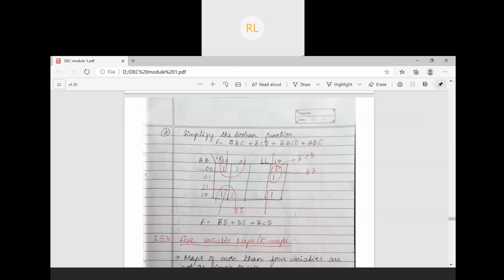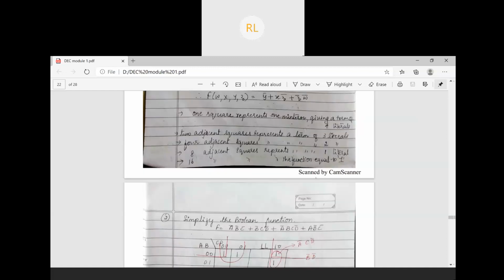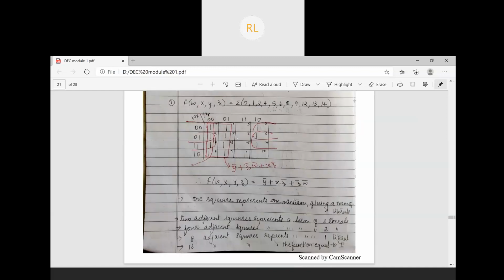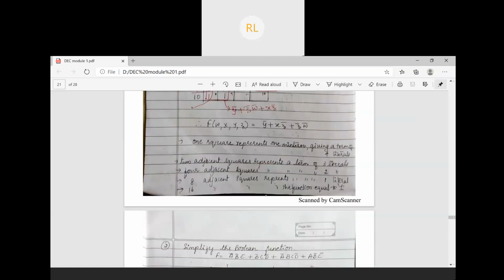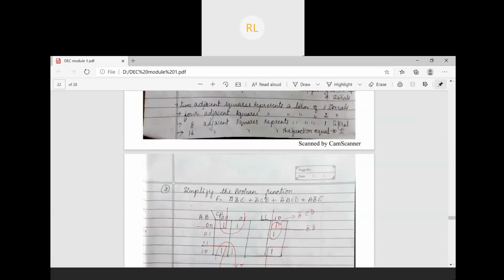You will get combinations where I will be grouping using the corners, grouping using 8 ones. All sorts of permutations and combinations I have taken. So if you are thorough with this kind of problems, in your exam it is going to be simpler than this. It's not at all going to be more complex than this because I've taken the worst case, right?